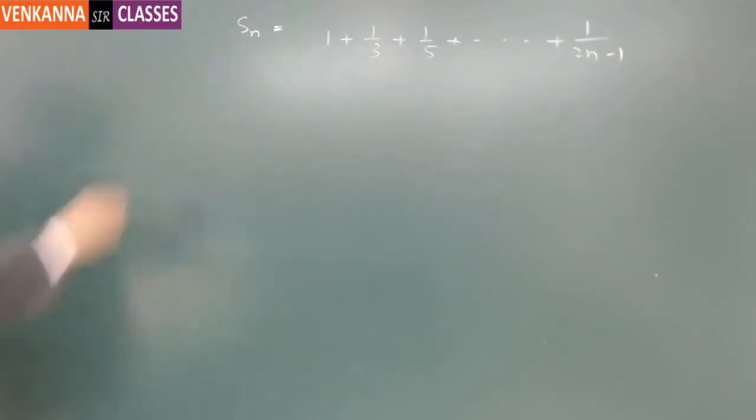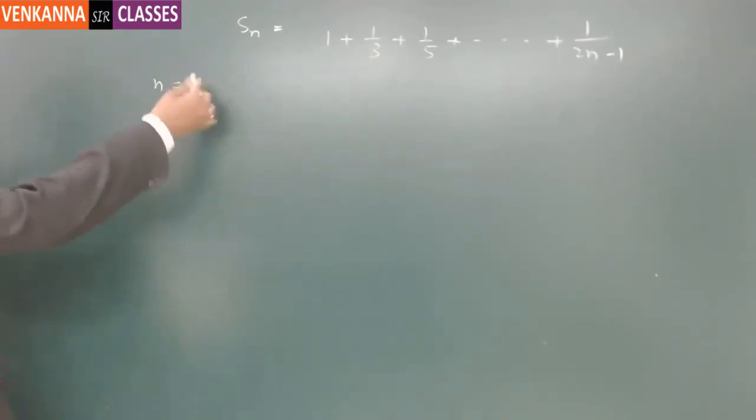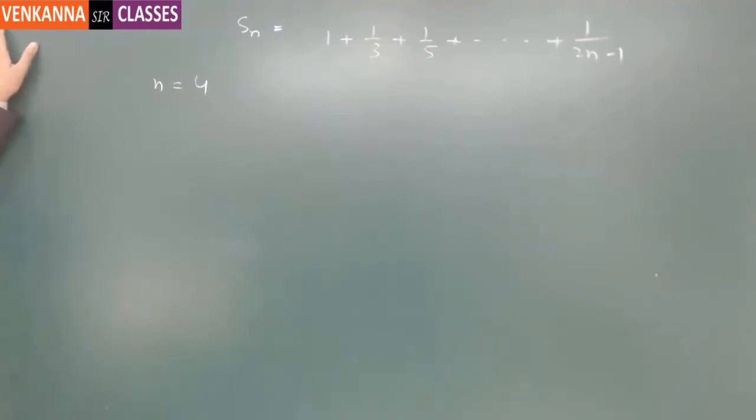So if I take n equal to 9, what will be S9? No, let us take a small number. Let us take n equal to 4. It will be somewhat useful, right? So 1 plus 1 by 3 plus 1 by 5 plus 1 by 7.